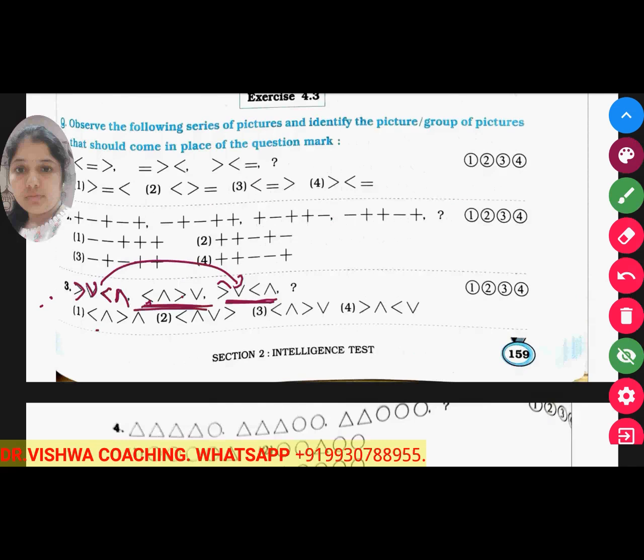This second one is the next only. So find out where such an option is there. First option, not correct. Second, no. Third can be the option. Yes. So the third option is the correct option here.